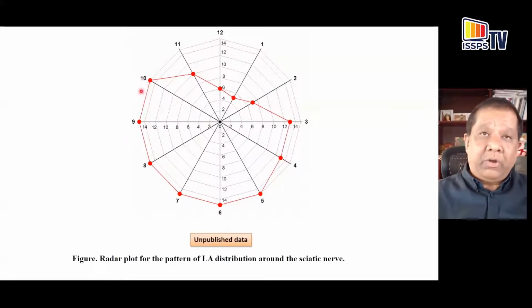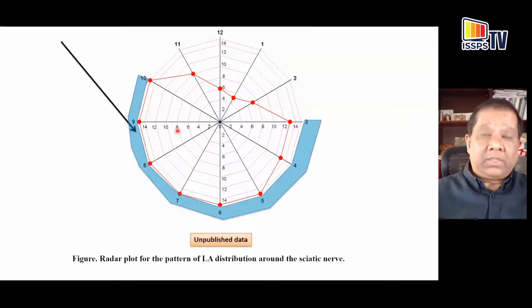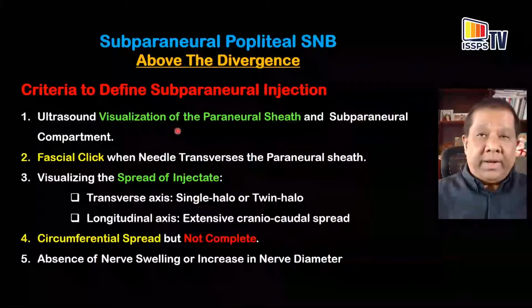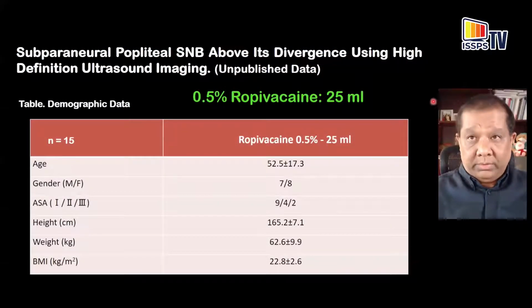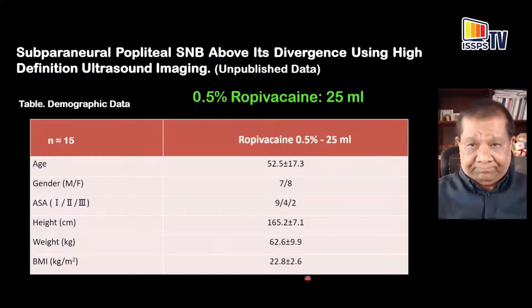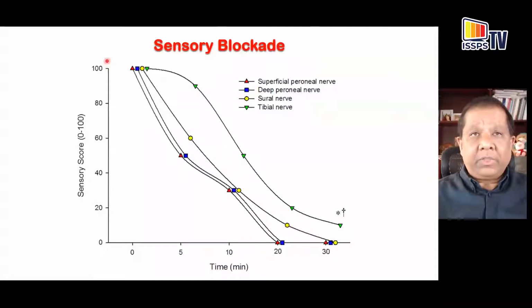You will see that the majority of the local anesthetic is actually spreading between sector 3 and sector 9, and this is where the common peroneal nerve is located. Although it has spread extensively along this route, it has also spread extensively proximally and distally, so much so that with 25 mils, we've had about 14 centimeters of spread, and a very rapid onset of sensory block.